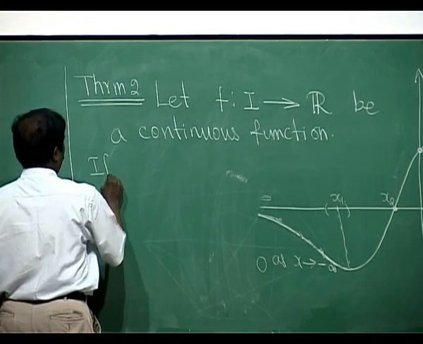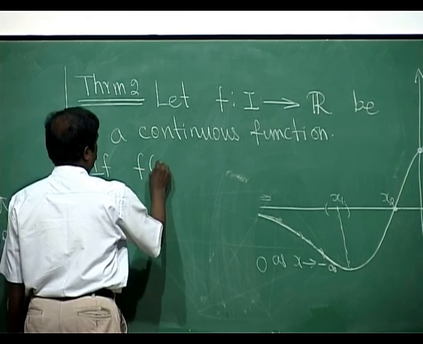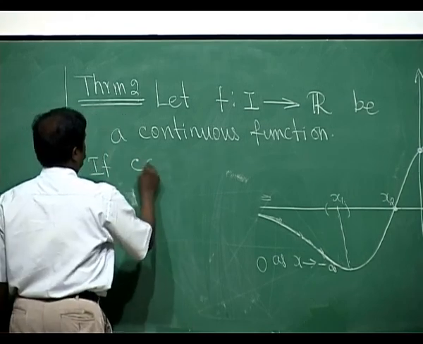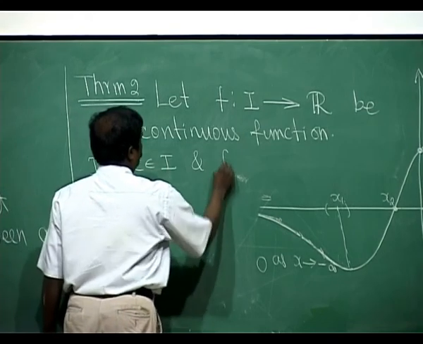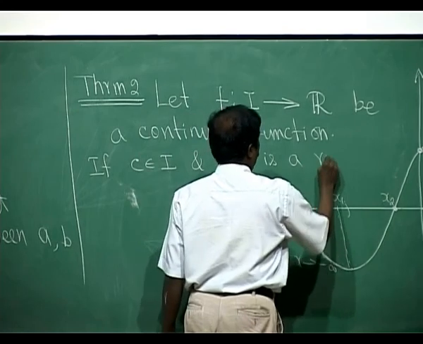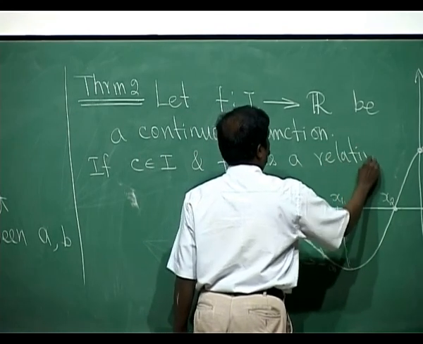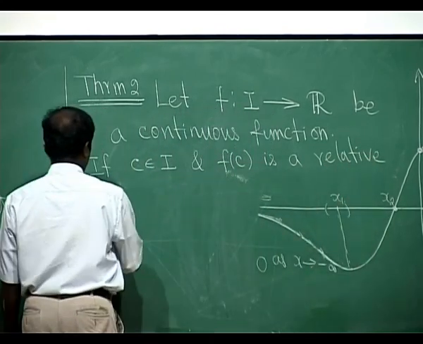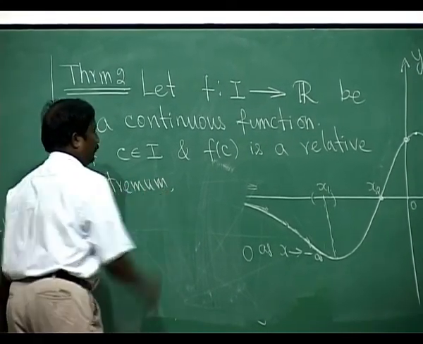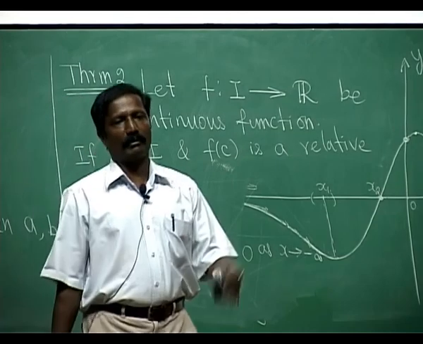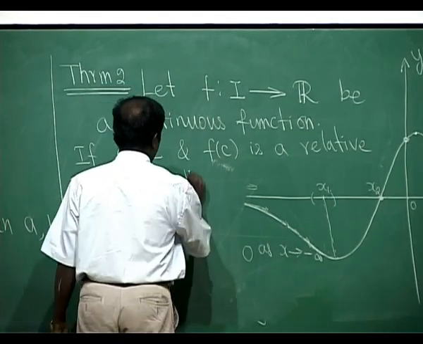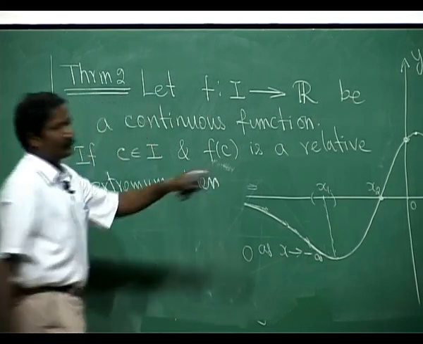If c belongs to I and f of c is a relative, which is same as local, extremum, that means it is maybe local minimum or local maximum, then, let's look at our picture.